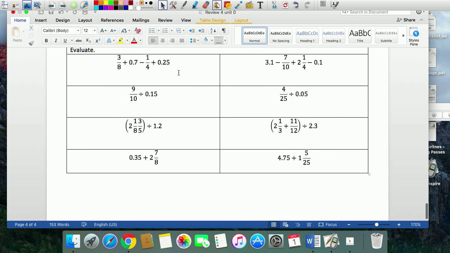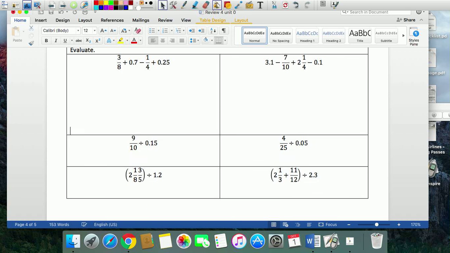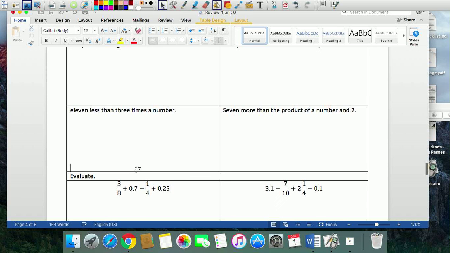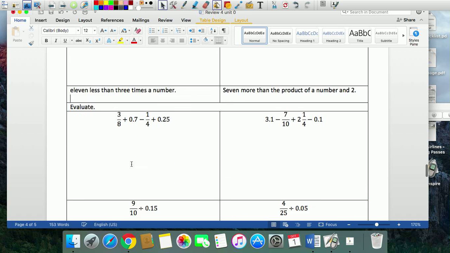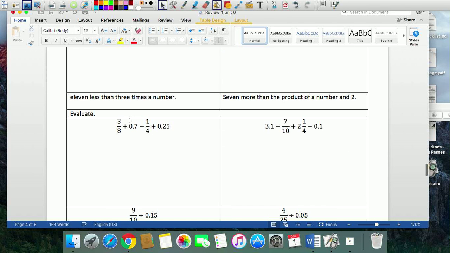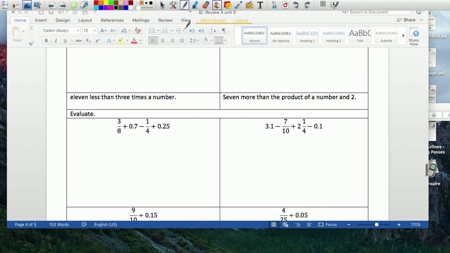Oh boy. Now I think these ones are a little harder, right? So let me get some room. All right, so this one, I have fractions and decimals. So whatever you're more comfortable with, I might do this via fractions.